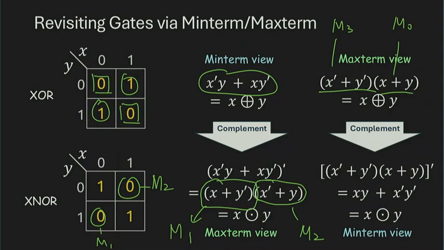In general, I would say people are more comfortable with dealing with minterms because, like x, y, you can look at it as a 1, 1. So 1, 1 corresponds to minterm 1, 1, so minterm number 3. But for maxterm, a bit of inversion is happening. You have to look at this as x equals 0, y equals 1. So that's maxterm 0, 1, so that's maxterm number 1.